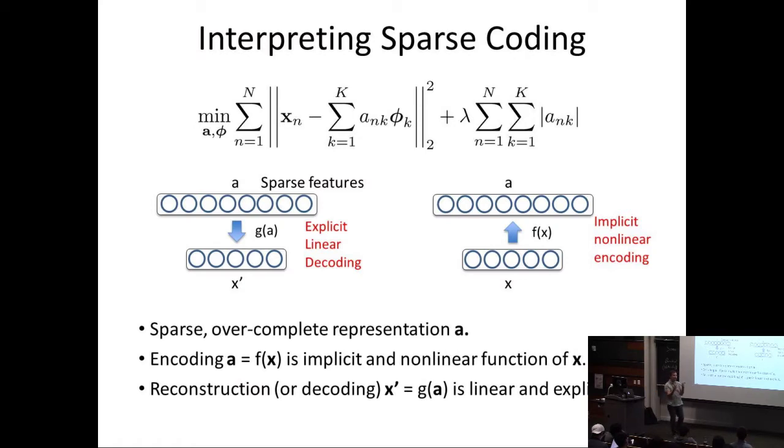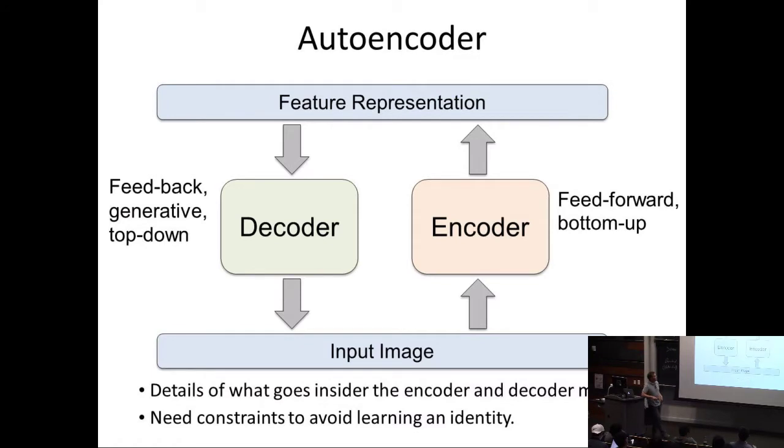So the encoding is very powerful, and the decoder is very simple. And so that really comes back to the problem of encoding and decoding, right? What exactly do you put in the encoder and what exactly do you put in the decoder? We have feed-forward, bottom-up, or we have generative top-down. So sometimes people think of sparse coding models as also generative models, because given the features, I can actually generate back the original input.